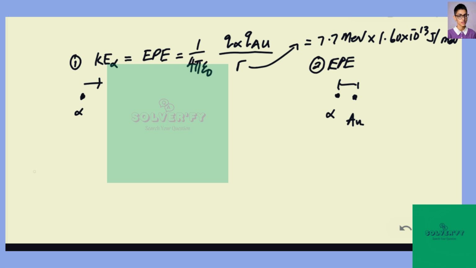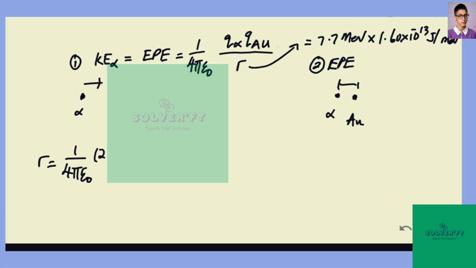Right, and now we can rearrange to find R. So R is equal to 1 over 4 pi epsilon naught times the charges. The charge of the alpha particle is 2 times the elementary charge, so that's 2e.